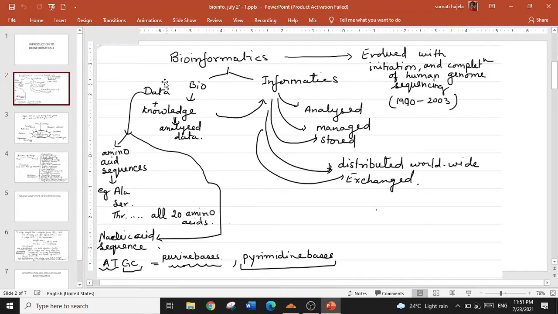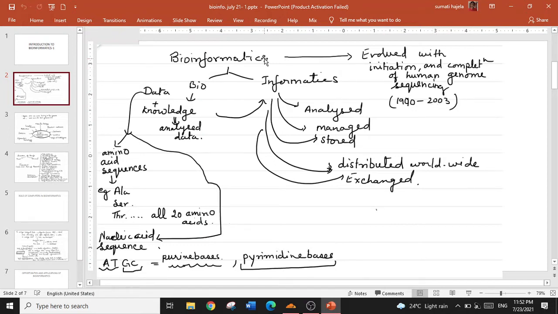To do these functions, to understand biological data with computer science, this branch of bioinformatics came into existence since the late 1980s. The suggestion for the Human Genome Project came around 1987, and actually it started in 1990 and finished in 2003.